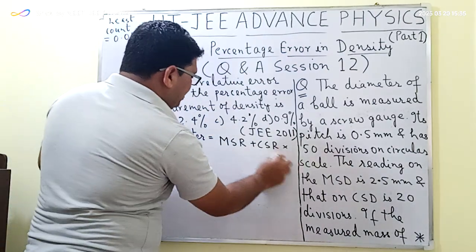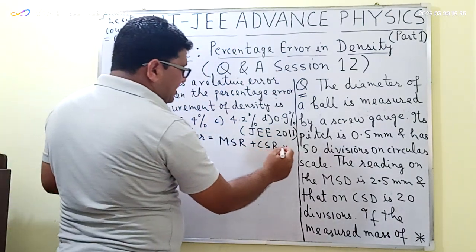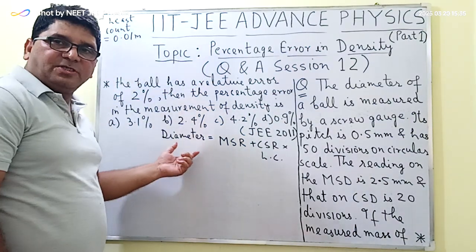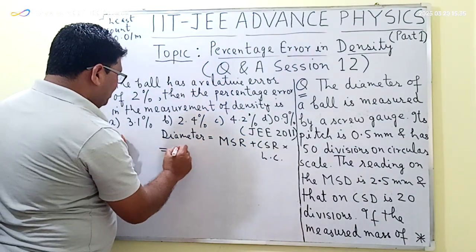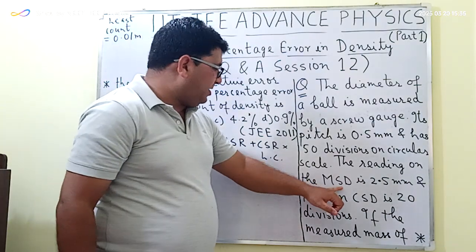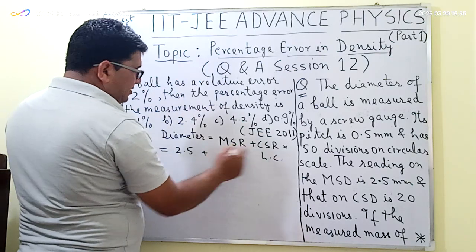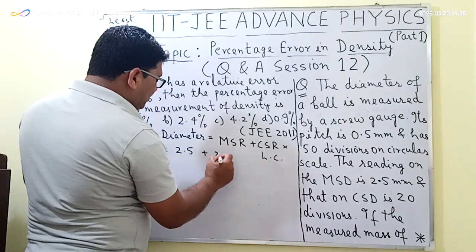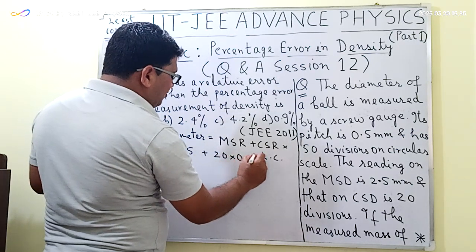The diameter is equal to the main scale reading plus the circular scale reading multiplied by the least count. This is the formula for measuring the diameter with the help of a screw gauge. The main scale reading is 2.5 mm, plus the circular scale reading, which is 20, into the least count, which is 0.01.